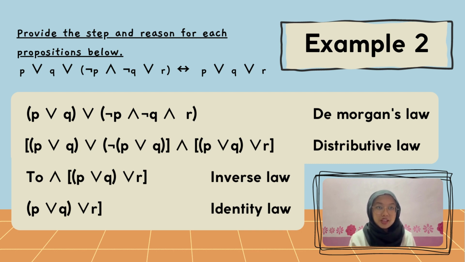Next, you will apply distributive law, then inverse law, and lastly identity law to get (P or Q) or R.